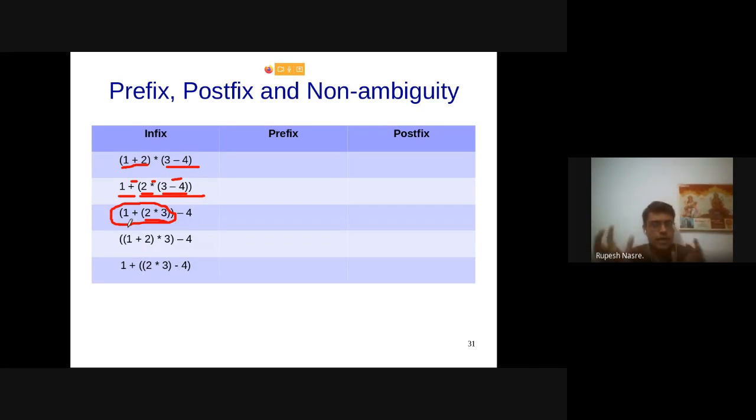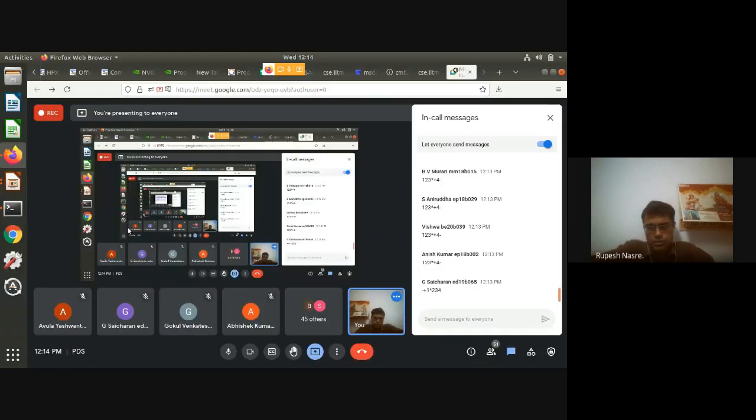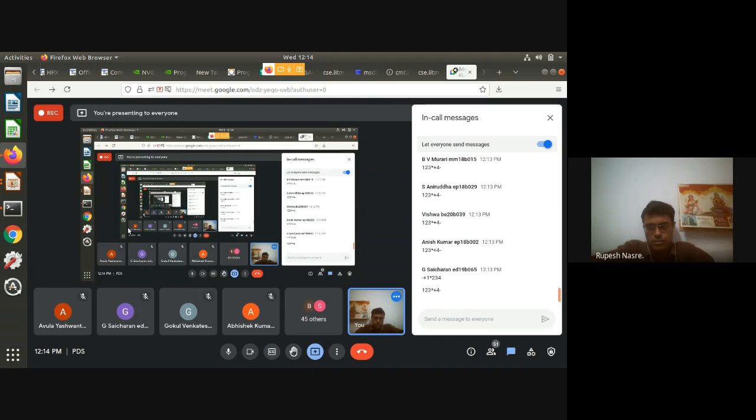So 2 3 star happens, then that is preceded by 1 and followed by plus, then after that 4 appears and then minus, right? So this is going to be 1 2 3 star plus 4 minus. Yes, okay, great. So all of our answers are matching, and that's a good sign.